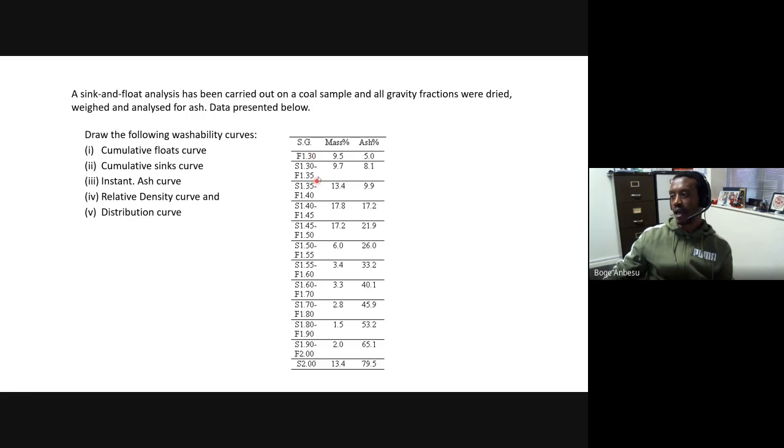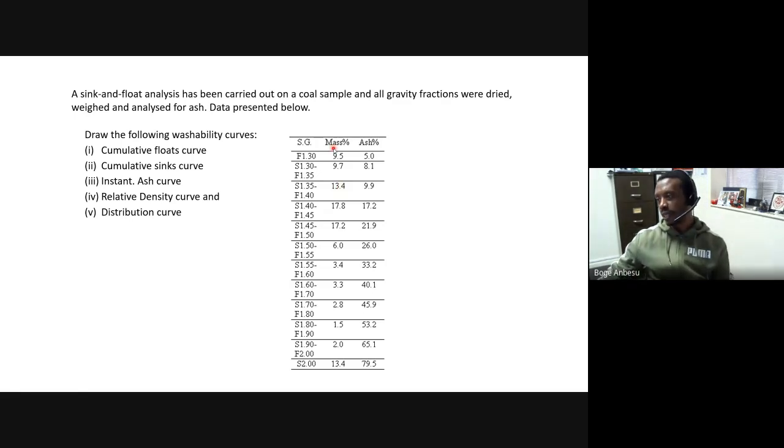And when you come here at 1.35, of all the floats you collected, 9.7% is in this range. And this here shows at 1.4 specific gravity, you conducted the experiment with a media of 1.4, and of all the floats you collected, 13.4 is found in this range.